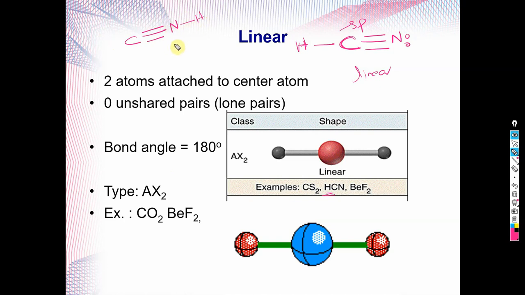So this structure is not going to be very viable. I'm not going to say this is not possible, but it is not going to be the simplest structure. You can get a simpler structure by just writing it the way it is here. I will talk about these kinds of structures a little later. This is possible, but you need to know a little bit more about how to assign formal charges. So for now, for HCN, stick to this structure.